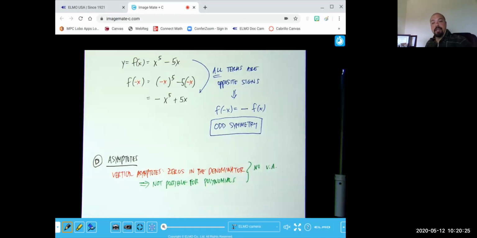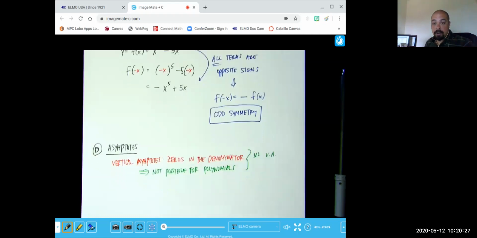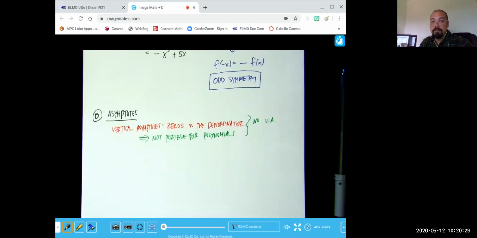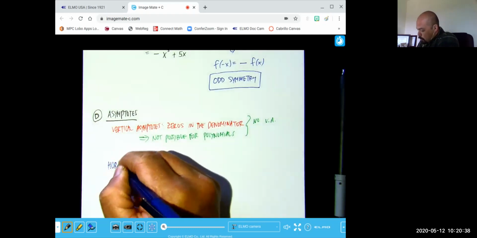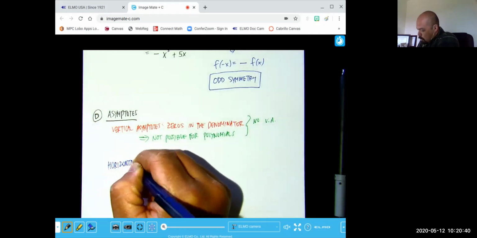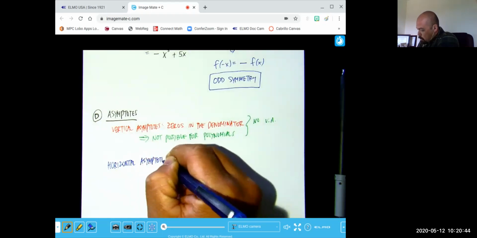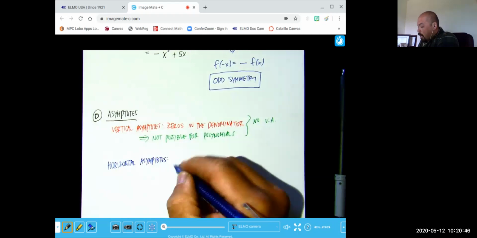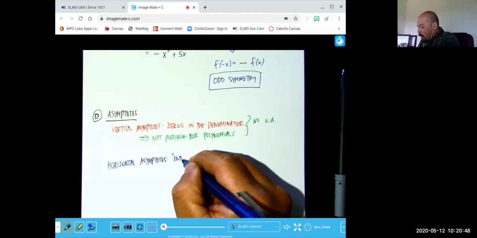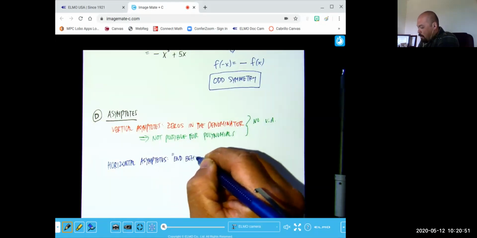When we get to rational functions, we'll definitely address the vertical asymptote discussion to see what our behavior is near those vertical asymptotes. For horizontal asymptotes, this is also addressing the end behavior of our graph.